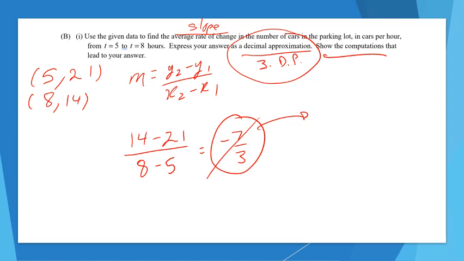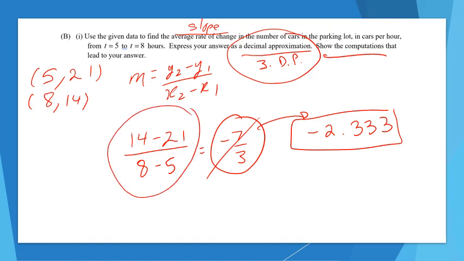So if you throw it in Desmos or use a calculator, you should get negative 7 over 3 is negative 2.333. And so if you do not give your answer as that, it would be marked wrong, even if you say negative 7 over 3, because it asks for a decimal approximation. In terms of your work, they would want to see that fraction set up right there.